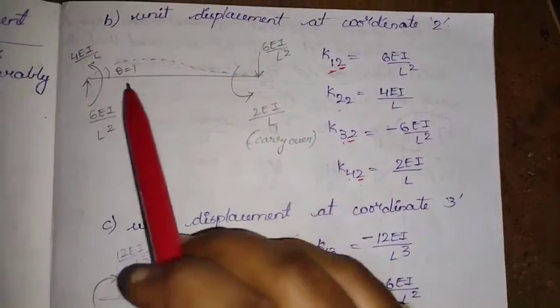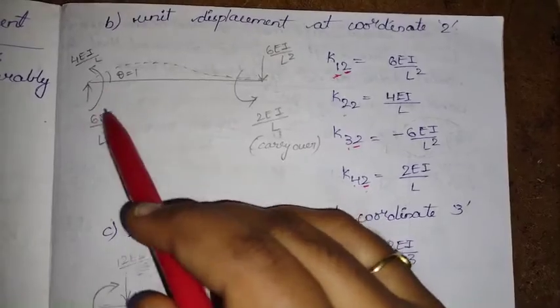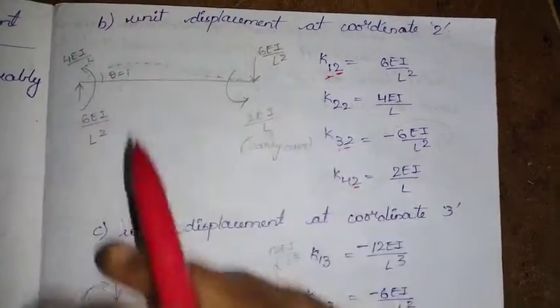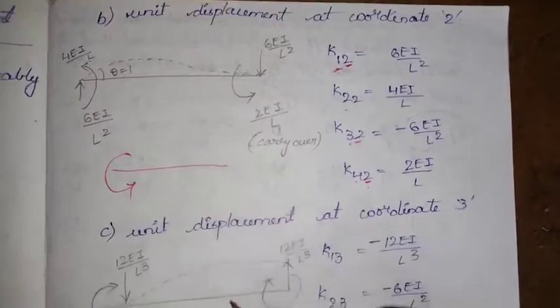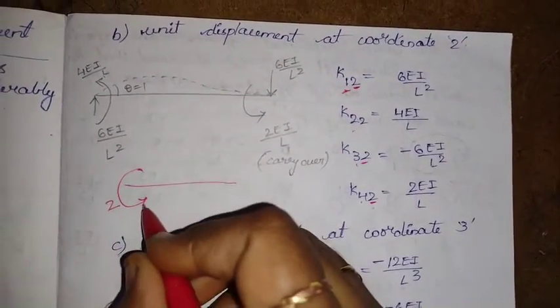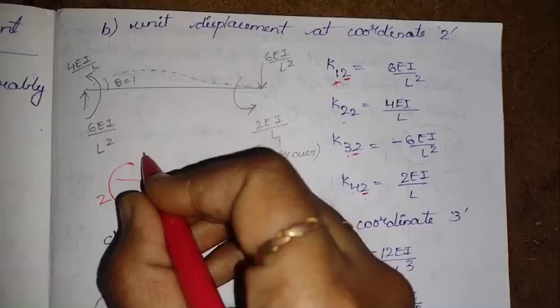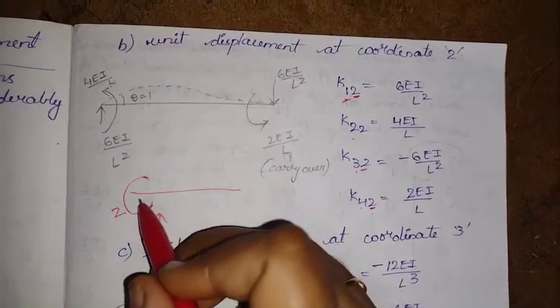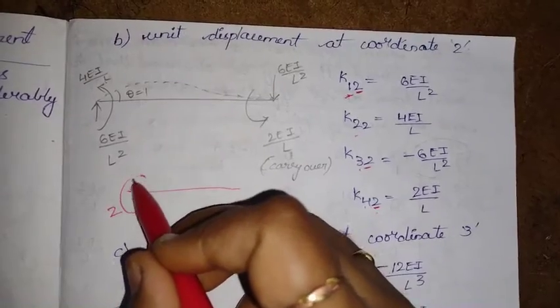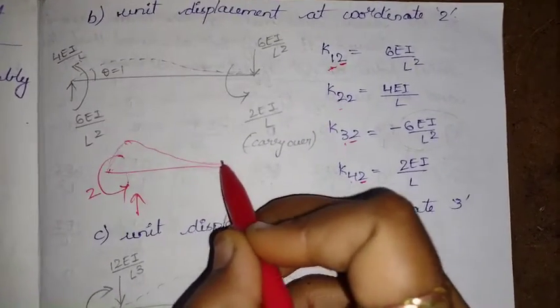Coming to this, we are applying a unit displacement in the same direction. I told you 2 is in anti-clockwise direction. So if it is in this direction, it will be lifting it upward, right? So upward reaction, and if it is lifting it upward, something should be there to support it downward, right?